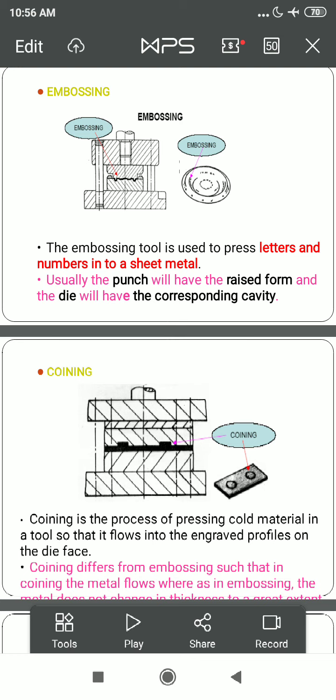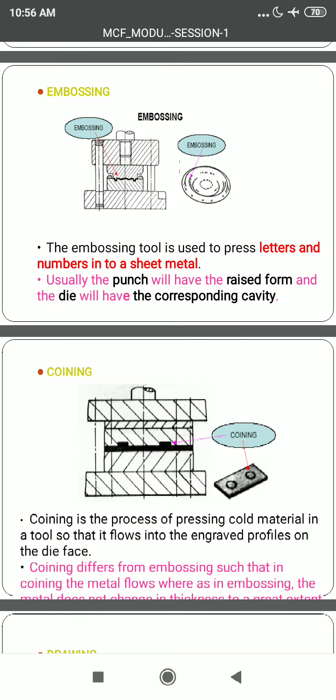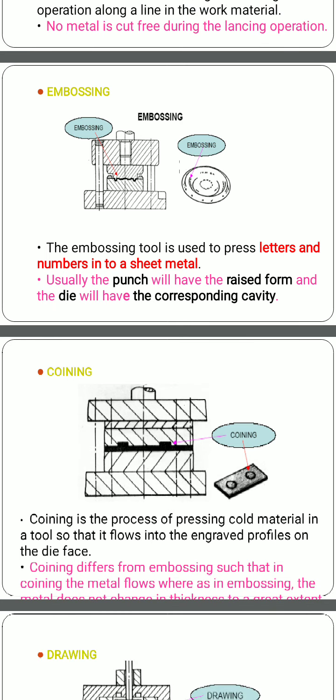Here a tool is used to press the letters and numbers into the sheet metal. Basically, in sheet metal operations we require a punch and die. Punch is a male part and die is a female part.